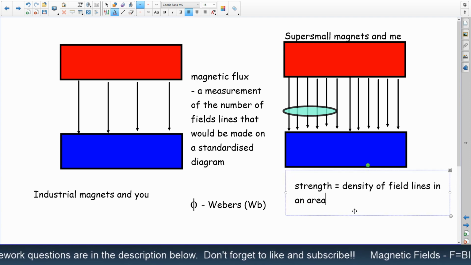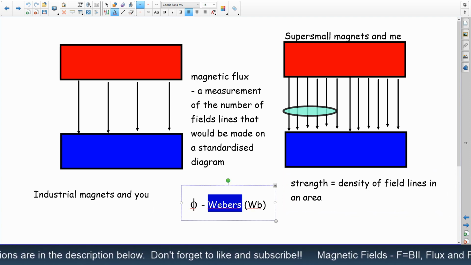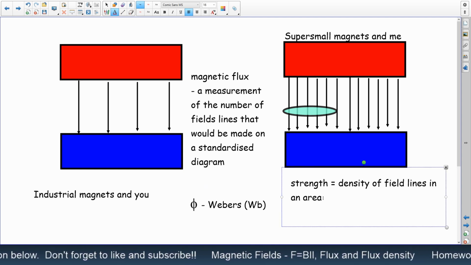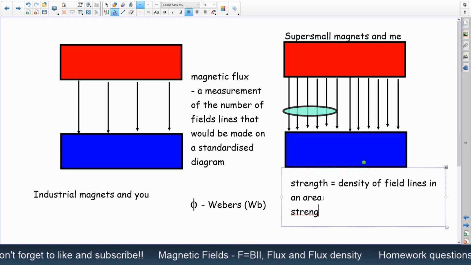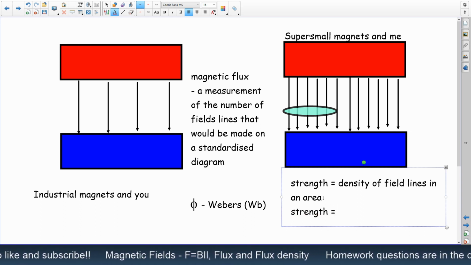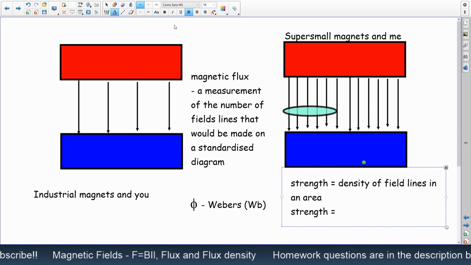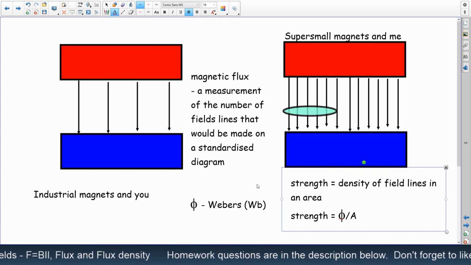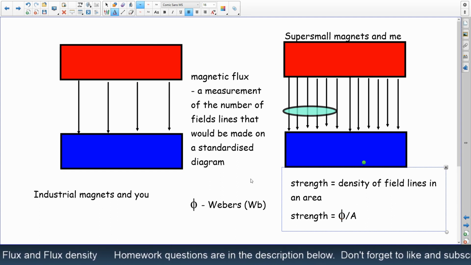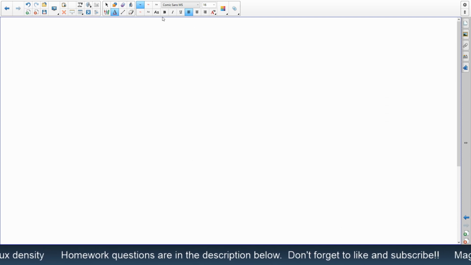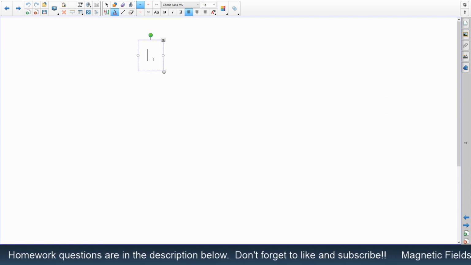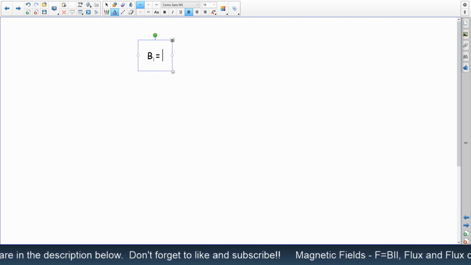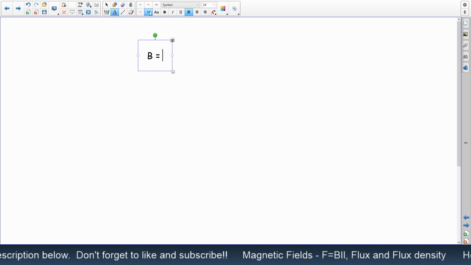Because we now have a standardized unit for how many field lines there should be, and area is already a standardized concept in terms of meters squared, we can say that the strength of a magnetic field is equal to the number of field lines, phi, divided by the area A. This leads us to a much more useful concept of magnetic field strength, B, which is equal to phi over A.